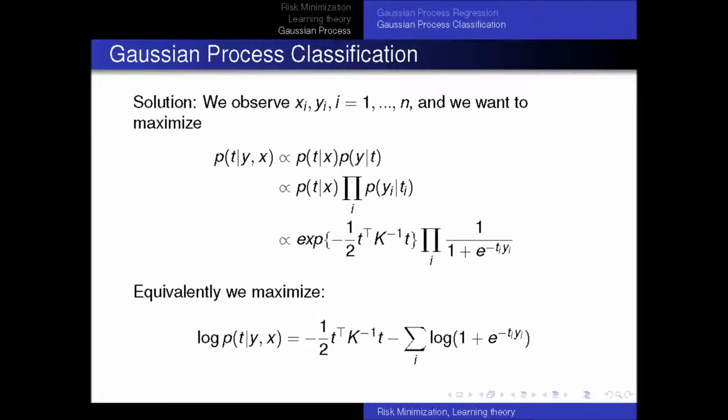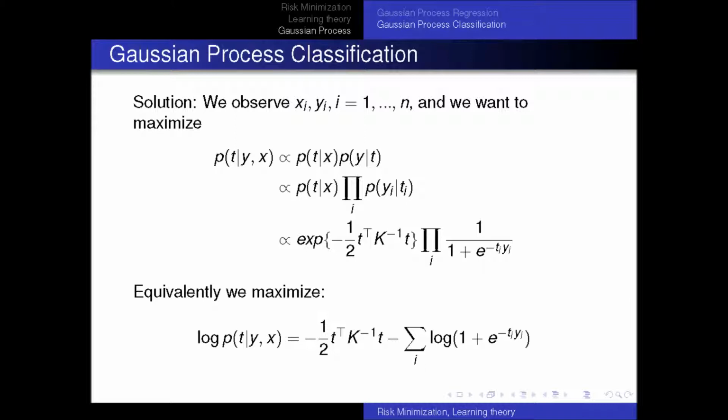The delta? Delta xx? Actually, this sigma squared n is the noise. They make the assumption that the noise is independent along different data points, but each data point has its own noise. So this delta just means if x equals x prime, I add a sigma squared as the noise.